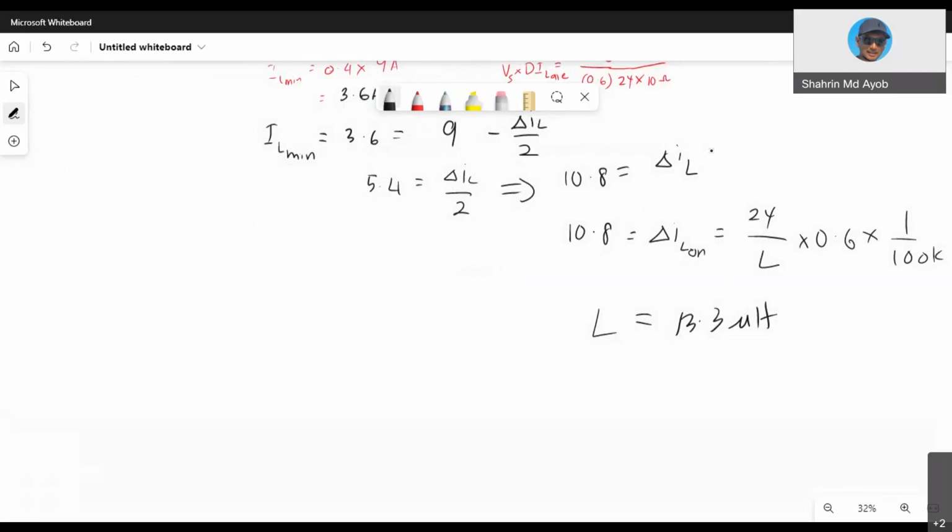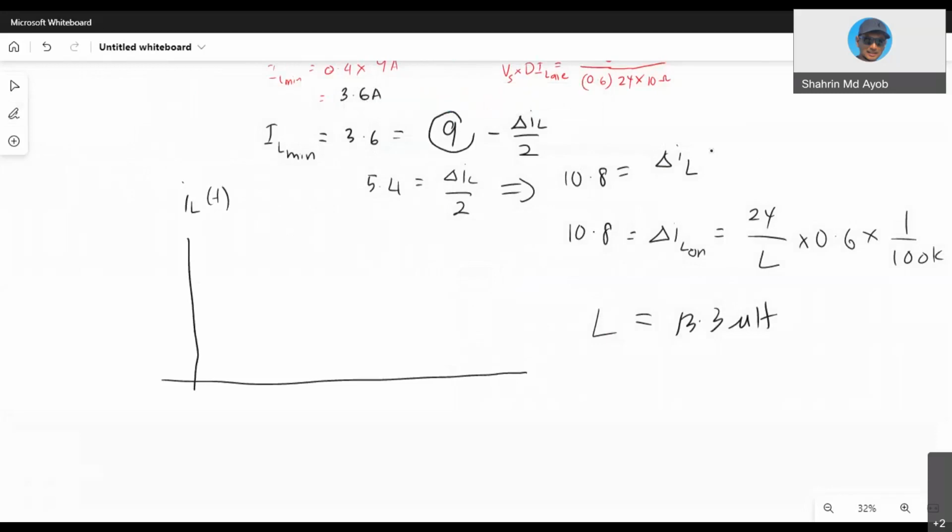From this, actually, if you are being asked to draw what is your IL, for example, from here, your IL average is 9. So you put here 9 amperes. So this is the average value.